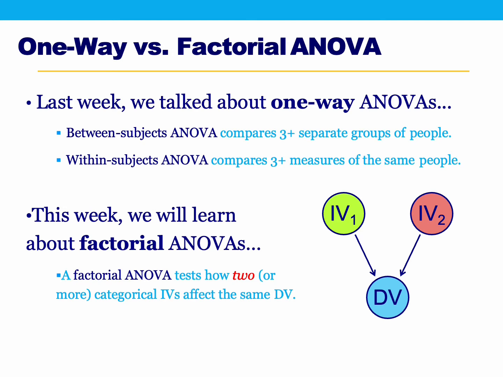So our categorical variable is study method with 3 levels, and then we look at memory scores to see which group did best. That's a classic between subjects ANOVA design.